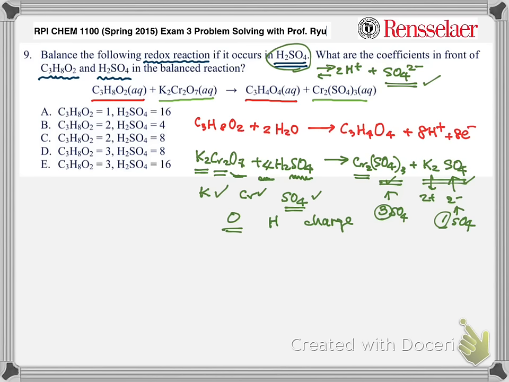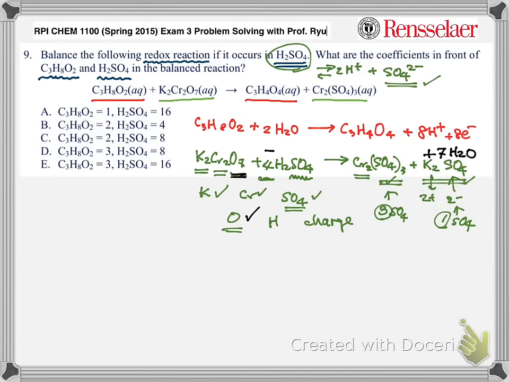Let me use a different color because it's kind of the second stage. On top of that, I need to add waters here, H2O, to balance the oxygen. I need 7 of them because it's 7 oxygen, so 7 H2O.